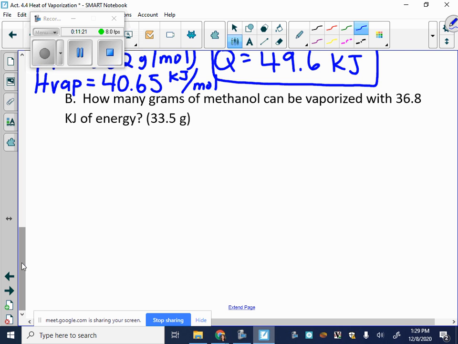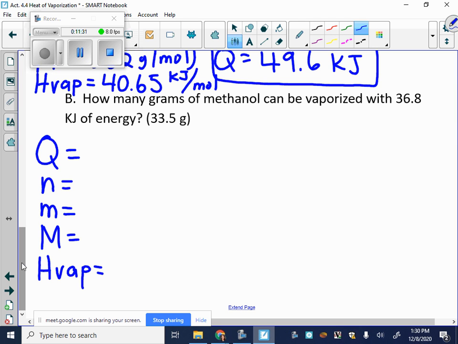Again, we're going to just start with Q, N, mass, molar mass, HVAP. So this one will be a little bit trickier. This one we need to find the mass in grams. So we actually have a couple of steps that we probably have to do here.